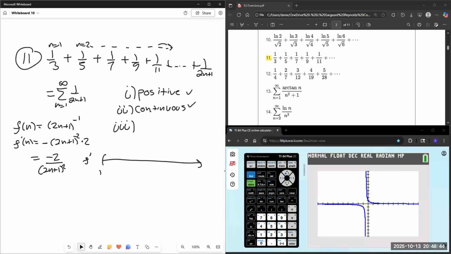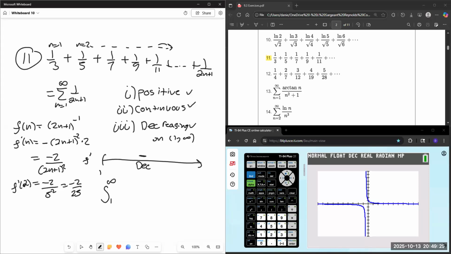I'm past that, so just pick a number that's greater than 1, like 2: negative 2 over 4 plus 1 is 5, squared is a negative 2 over 25, a negative number, and decreasing. It's never going to change sign because there are no zeros of the numerator or denominator within this interval. So it's definitely positive, continuous, and decreasing on the interval 1 to infinity.